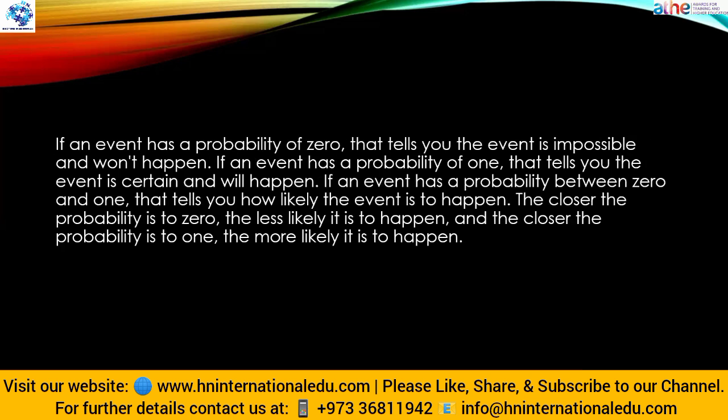If an event has a probability of zero, that tells you the event is impossible and wouldn't happen. For example, when flipping a coin, we are going to flip it and after the flipping check the probability.